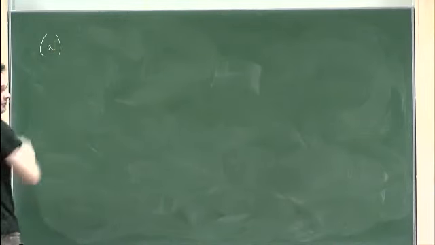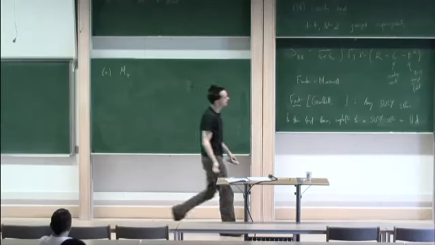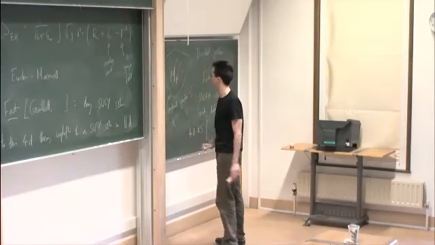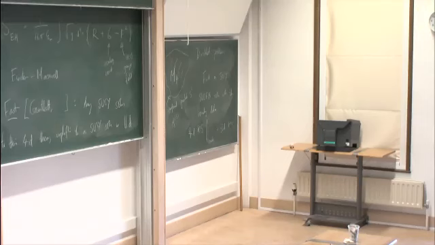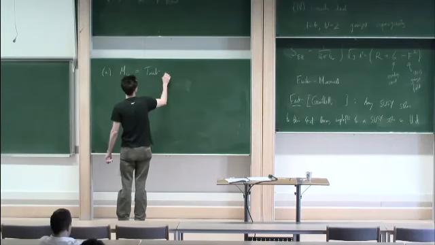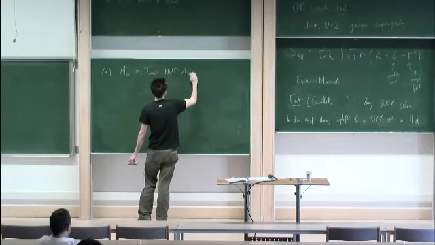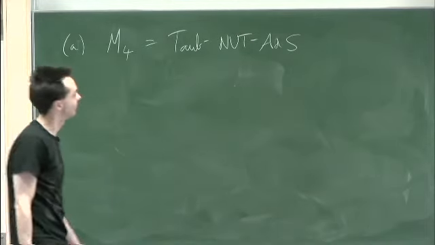So case A is the Berger squashed sphere. M4, this 4-dimensional filling, so I'll give that a name, M4 inside here, is Taub-NUT AdS. This is a very old solution, known for a long time.